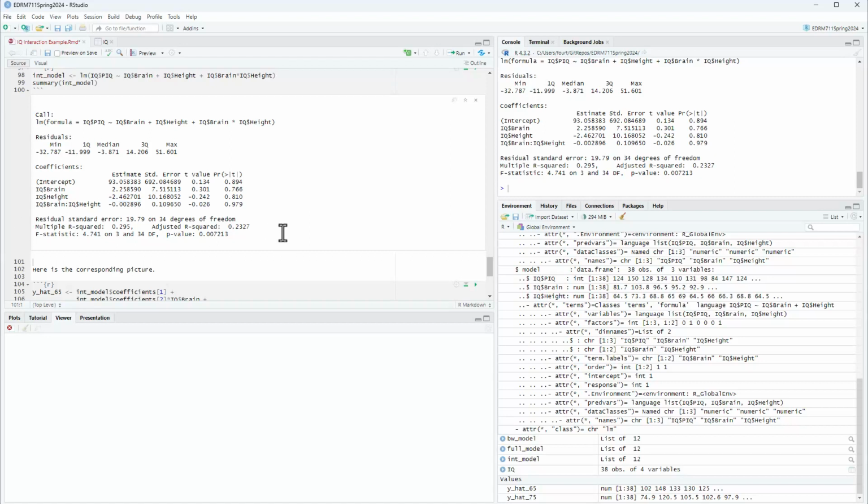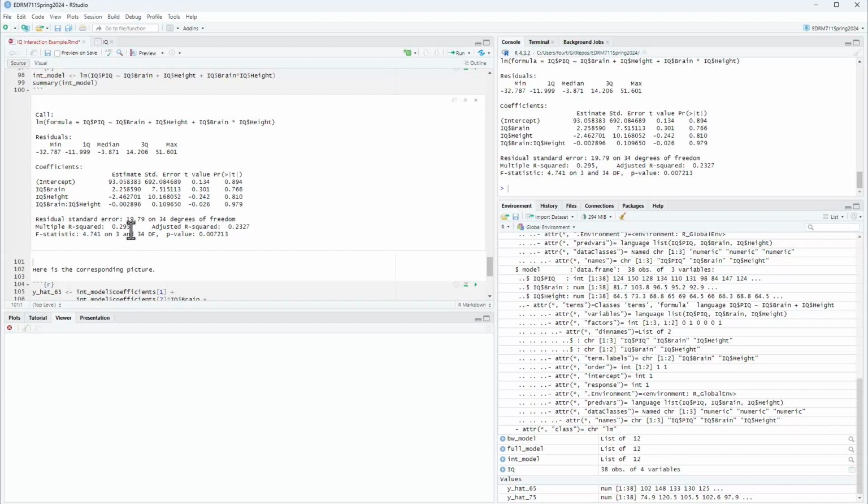The other thing I notice is that my two stable predictors of height and brain size that were so stable before, now I have a lot of instability. That is, if I were to take this model and obtain another sample, things are likely to be quite different because all of these p-statistics are quite large.